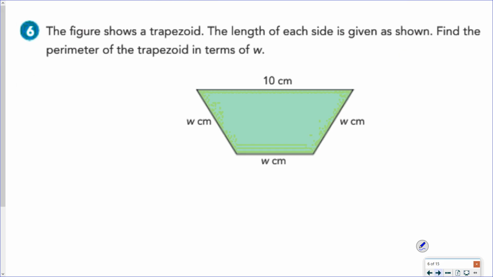And here we have a trapezoid, and we want to find the perimeter of the trapezoid in terms of w. So you would have 10 plus w plus w plus w, so you would have 3w plus 10.